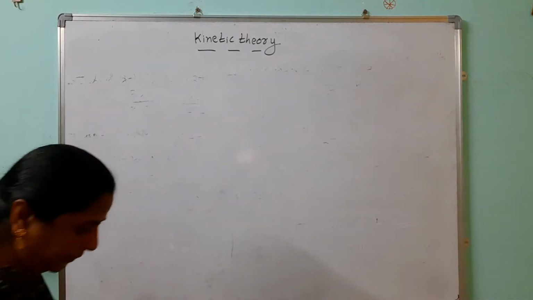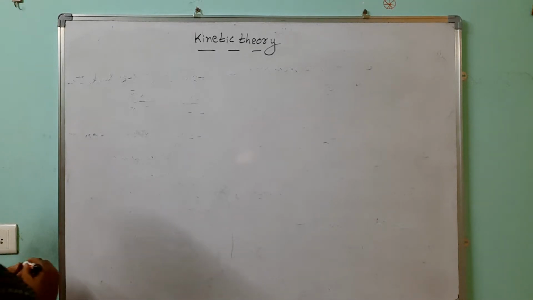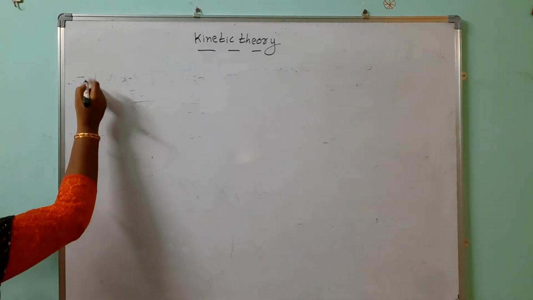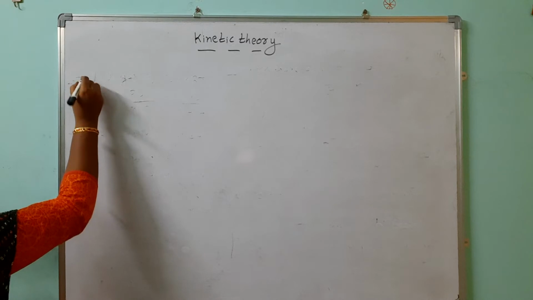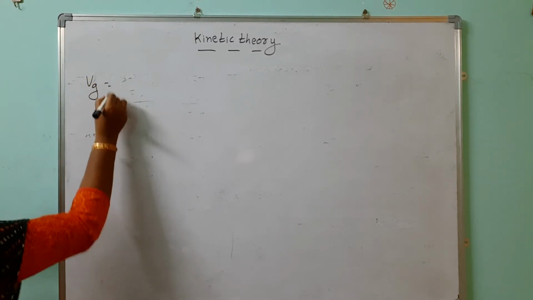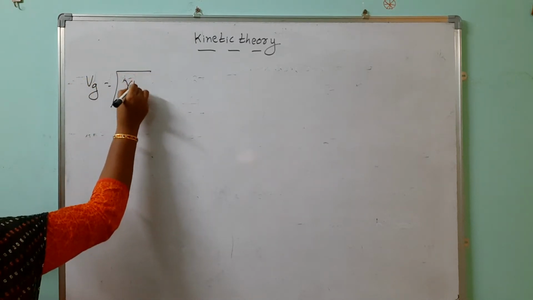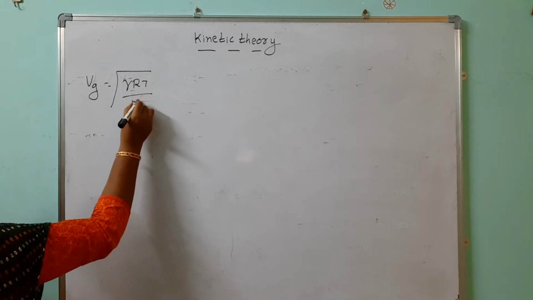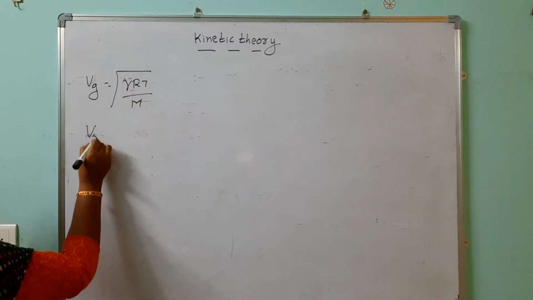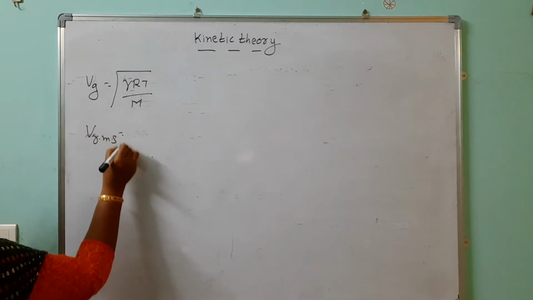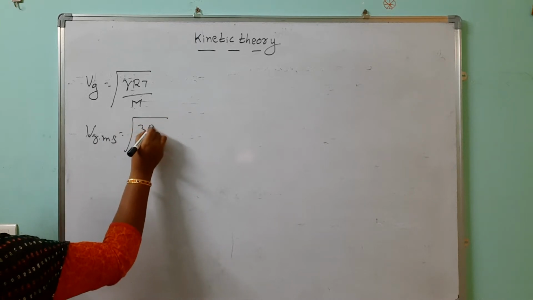Anyway, come here. See, then velocity of the sound in gases, Vg equals under root gamma RT by molecular weight. Just now we know that Vrms equals under root 3RT by m.